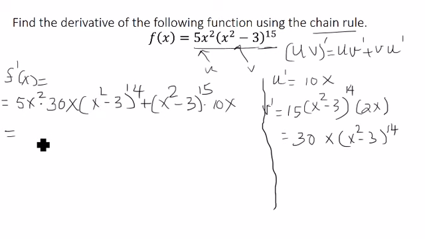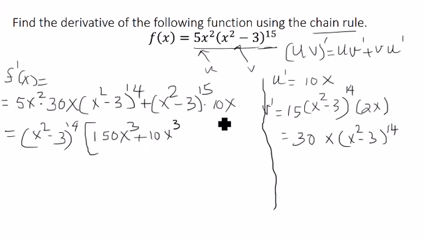So it's going to be (x squared minus 3) to the 14, and then I have 5x squared times 30x, which is 150x cubed, and then we're going to have one of the (x squared minus 3) because I got the 14 of them out, so one is left, times 10x, so that's going to be 10x cubed after I multiply this 10x inside the parentheses, minus 3 times 10 is a 30 times x.